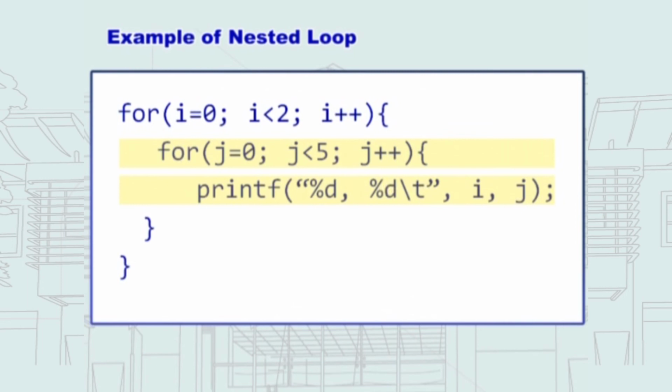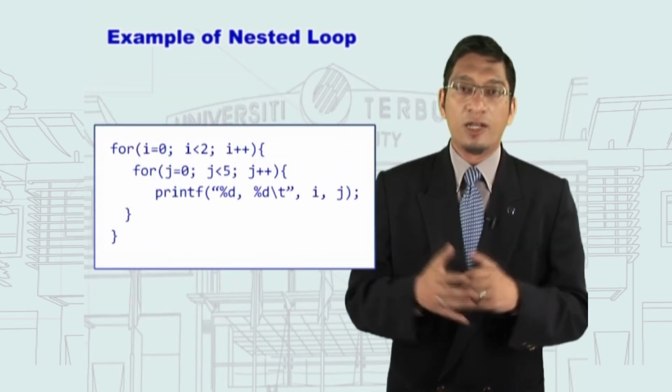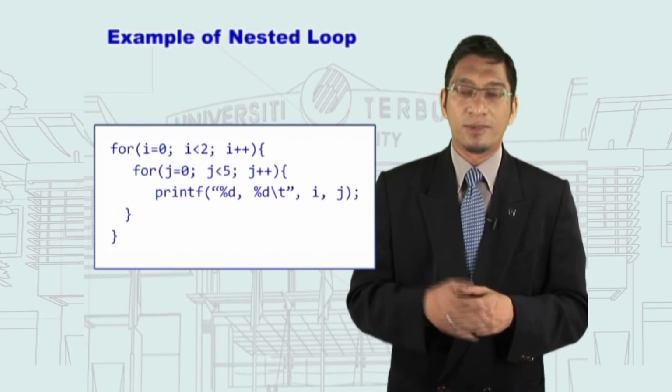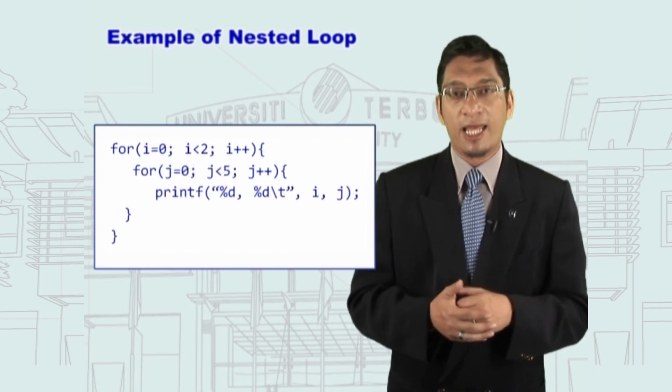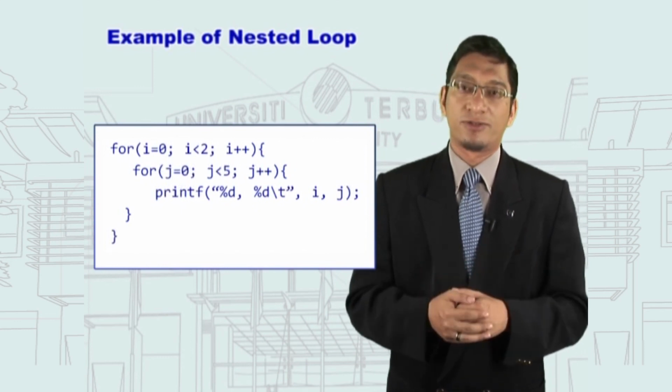In the inner loop where j equals 0 and j less than 5 is true, the printf statement is executed to print the current value of i and j. Then, the current value of j is updated. The inner loop will continue until the condition j less than 5 is false.